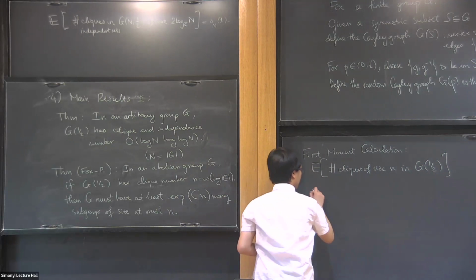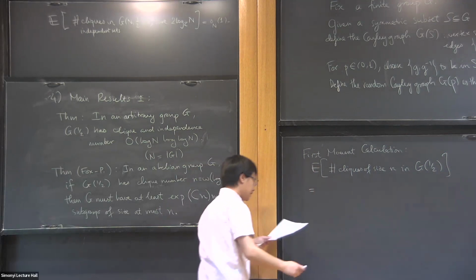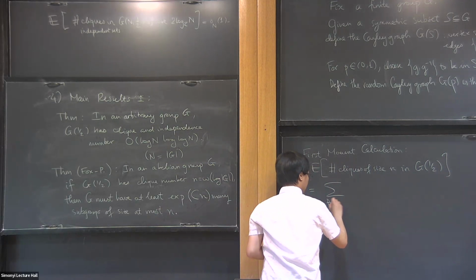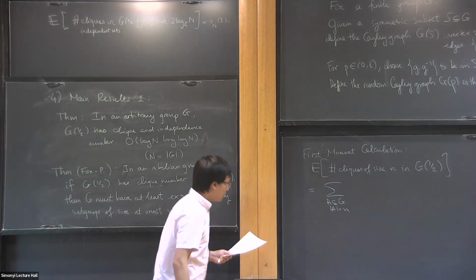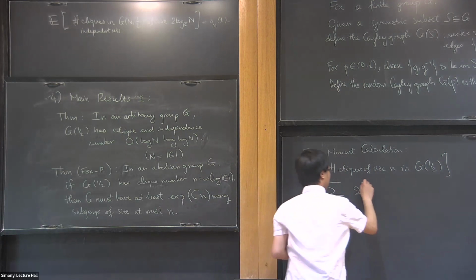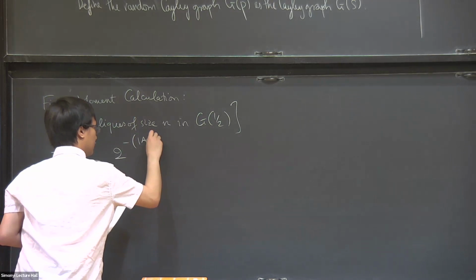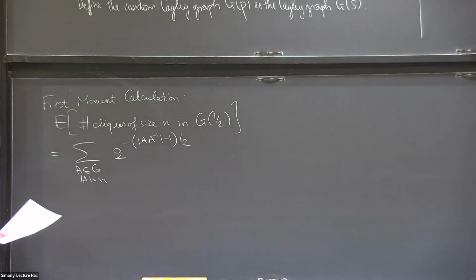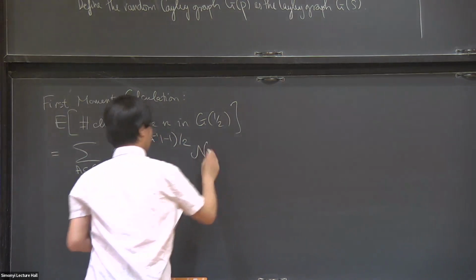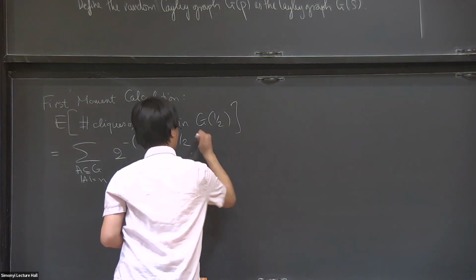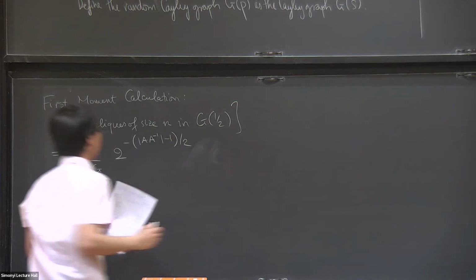By linearity of expectation, we can write this down explicitly. It's just the sum over all subsets A of the group of size little n of 2 to the minus roughly A inverse minus 1 over 2. I'll refine all of the quantities here in a second.